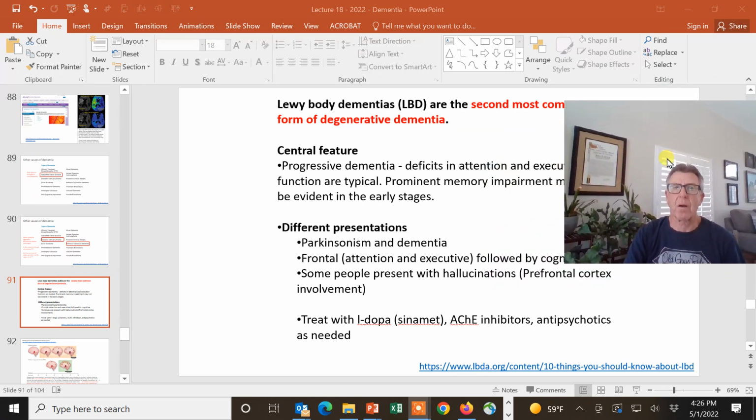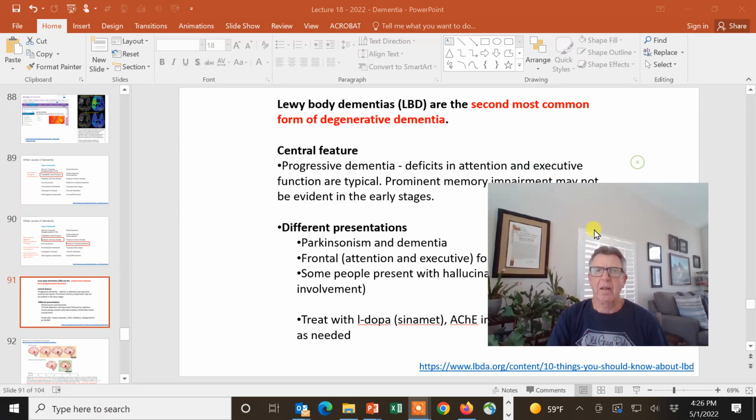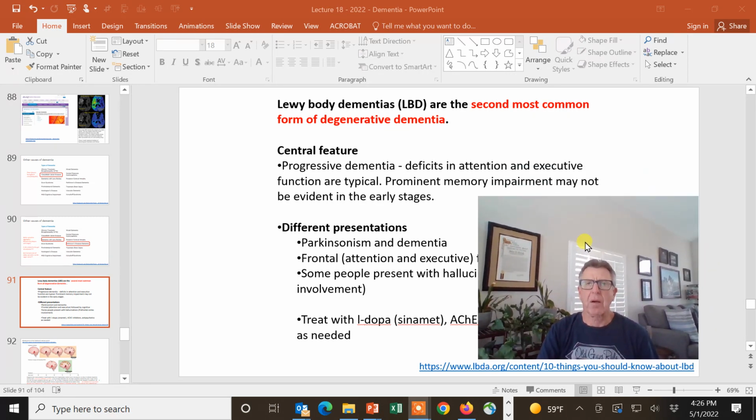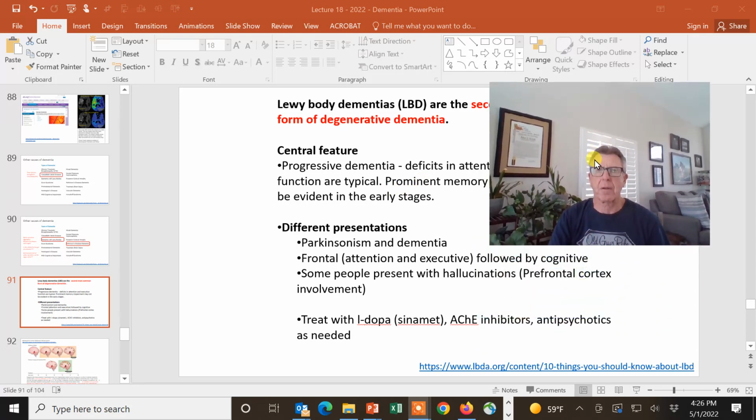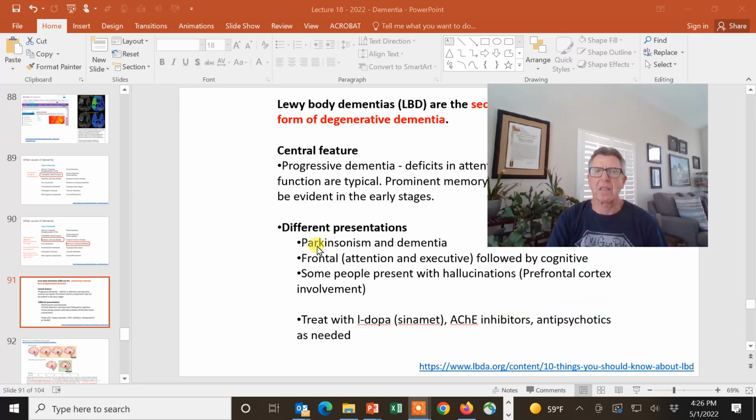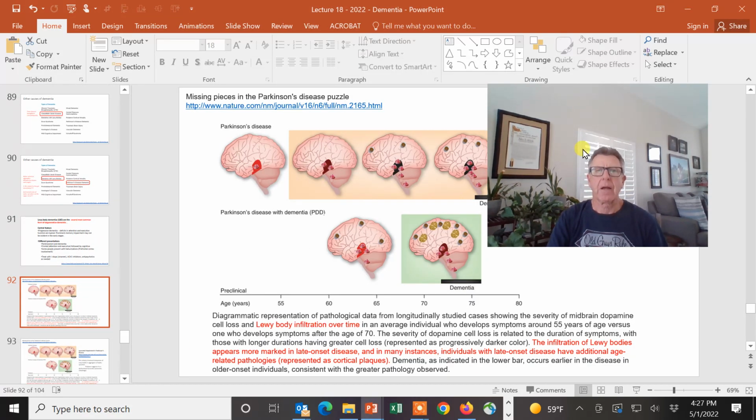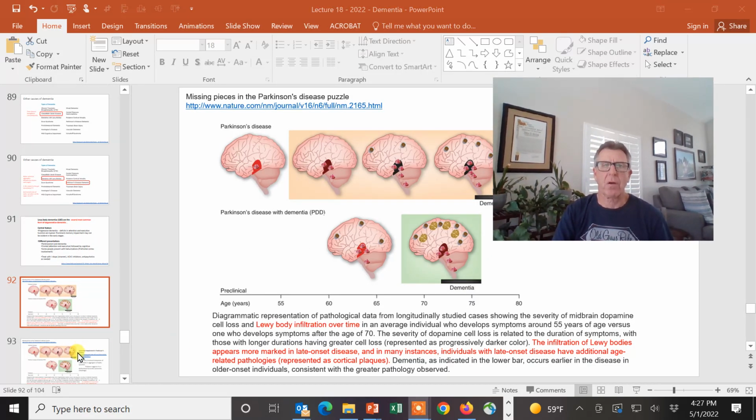You can see that it has a prominent frontal cortex function up here in the top. It can have different presentations. It can have Parkinsonian features with it, and you can treat some of it with the Parkinsonian drugs and the cholinergic drugs as needed. And this is just again showing you the pathology when we're looking at Lewy body disease.